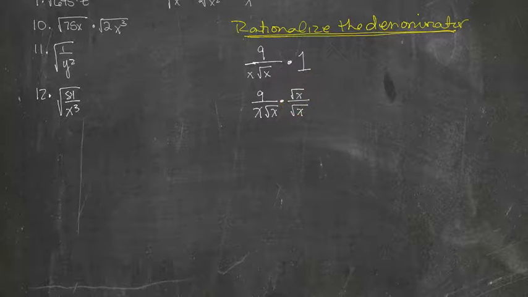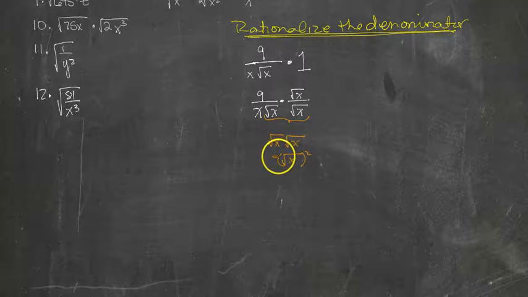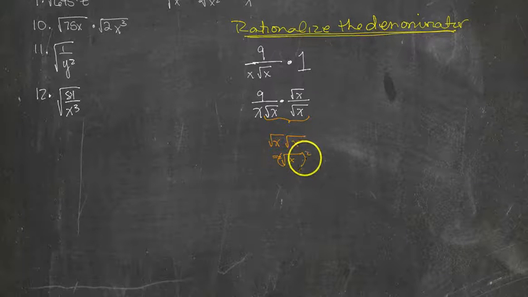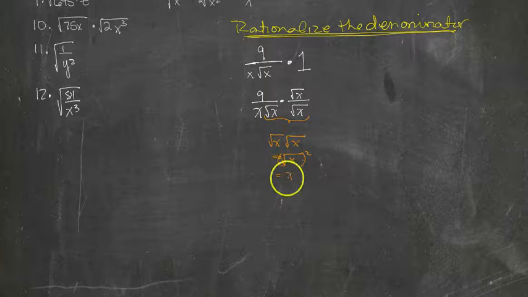Clearly that equals 1, and the advantage is that when I do that, the square root of x times the square root of x equals the square root of x squared. But remember, if you have a square root and a square, then it just reduces itself to x.